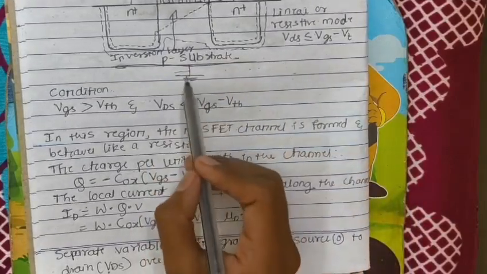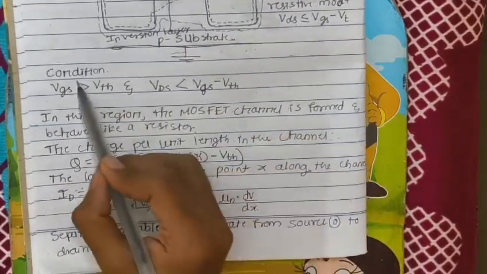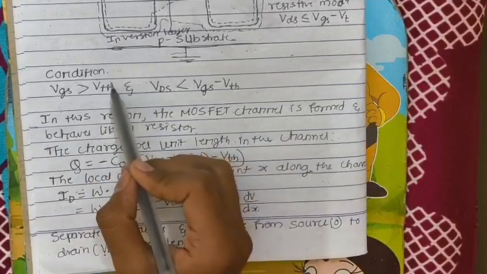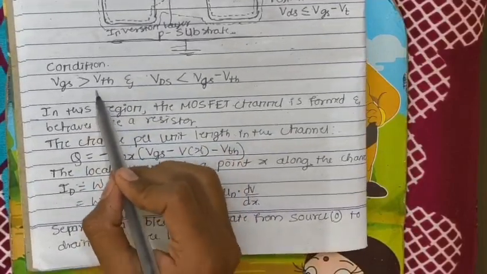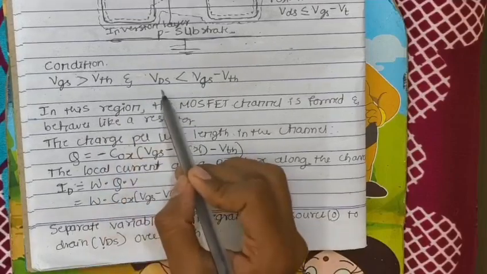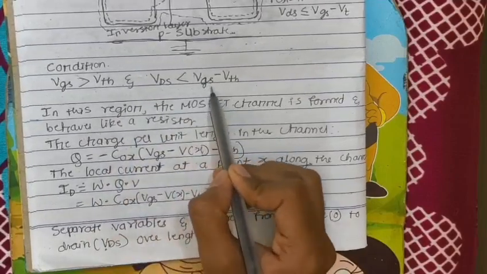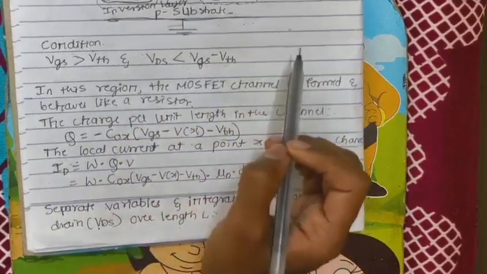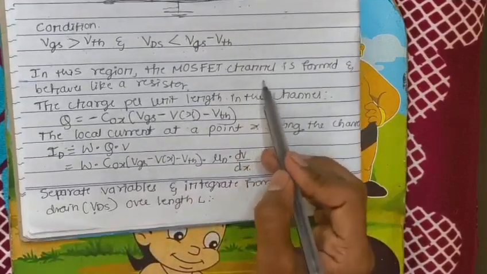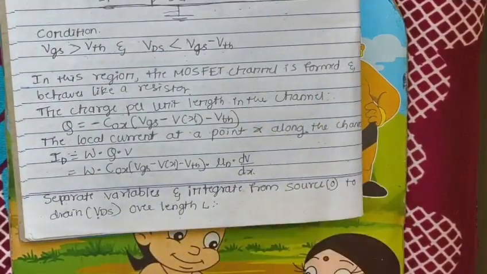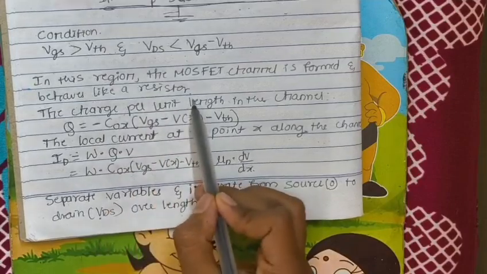The condition here is VGS is greater than VTH and VDS is less than VGS minus VTH. In this region, the MOSFET channel is formed and behaves like a resistor.